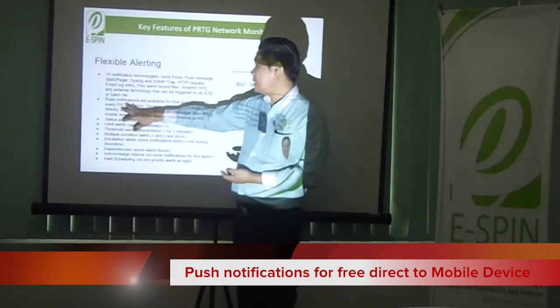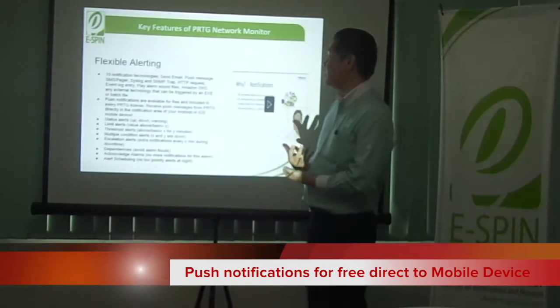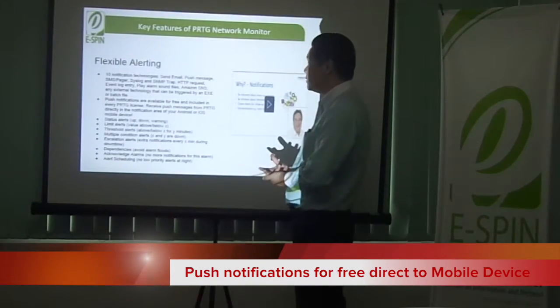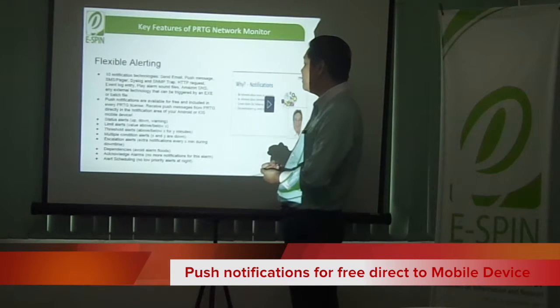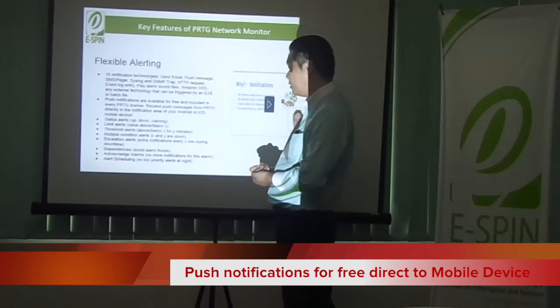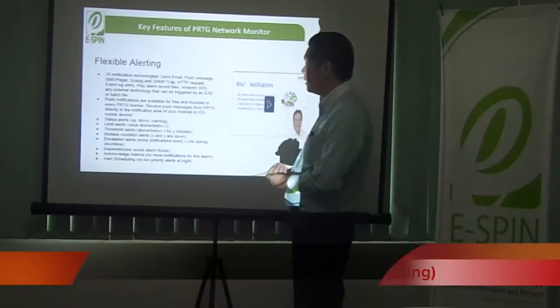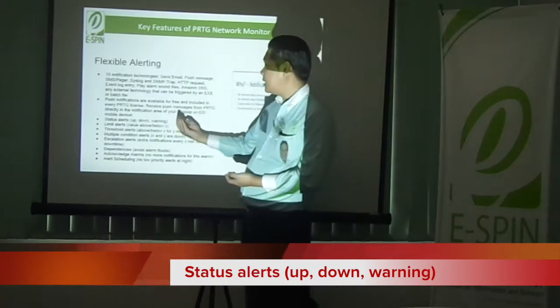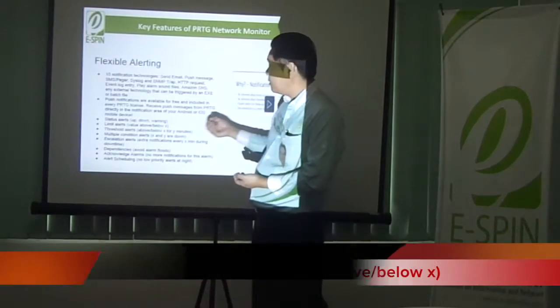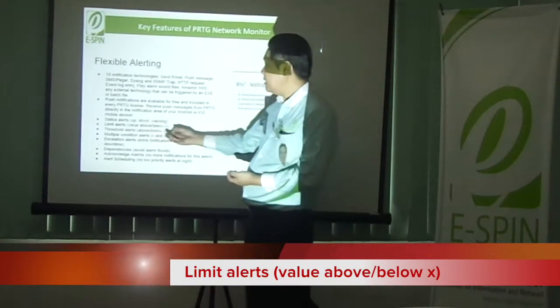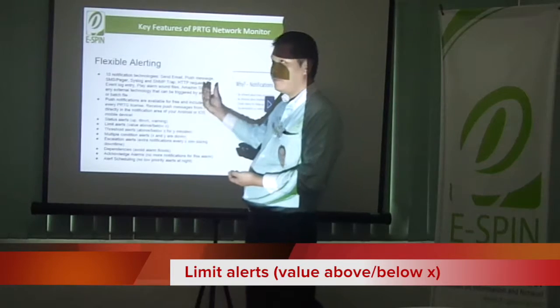Push notifications are available for free and included in every PRTG license. You will receive a push message from PRTG directly in the notification area of your Android or iOS mobile device. State alert: up, down, warning, the typical things people always want to know. Limit alert: value above or value below.